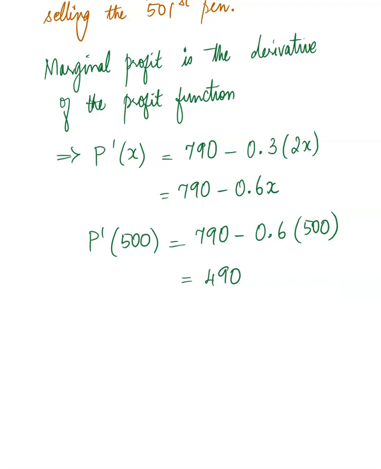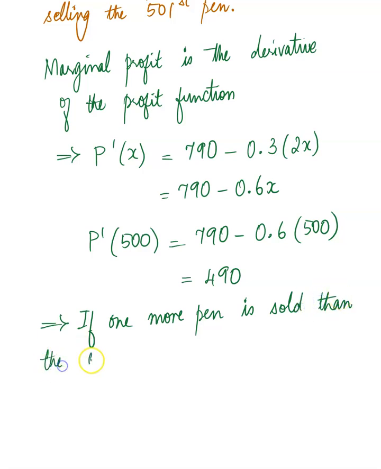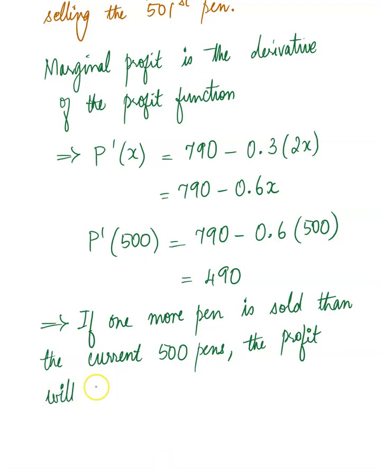So I'll just interpret this. What this means is, if one more pen is sold than the current 500 pens, the profit, because it's positive 490, will increase, because it's a slope, so it's going to increase.